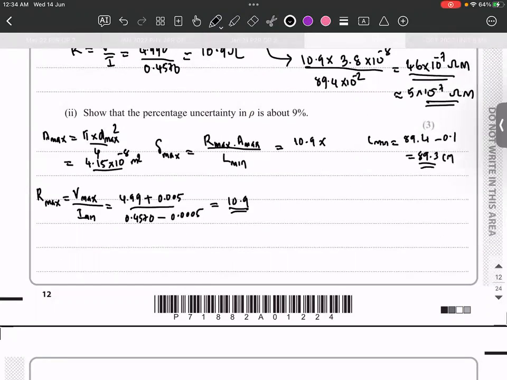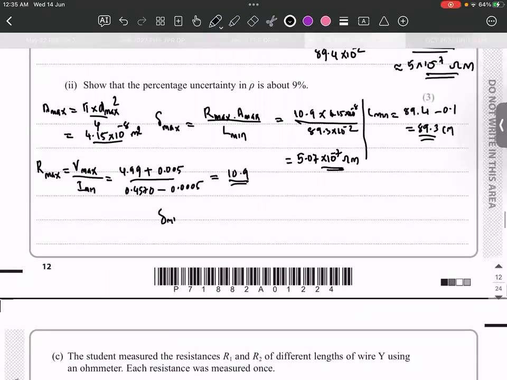Now 10.9 times this area max, 4.15 × 10^-8, divided by this L minimum, that is 89.3 × 10^-2. So the value of rho max we will get as 5.07 × 10^-7 ohm meter. Similarly, you can find the rho minimum.